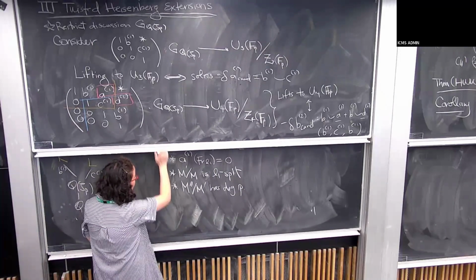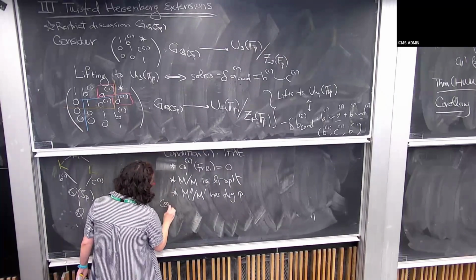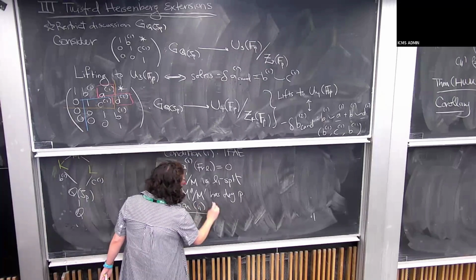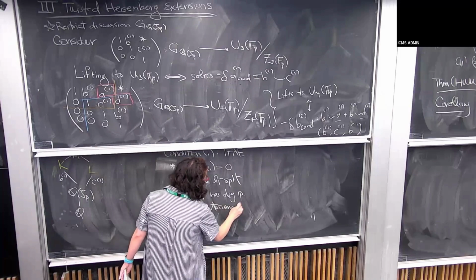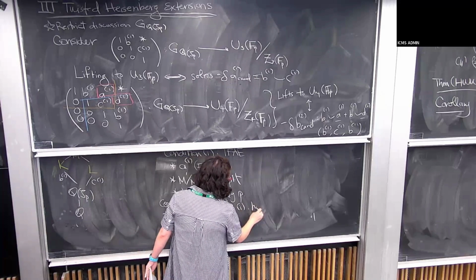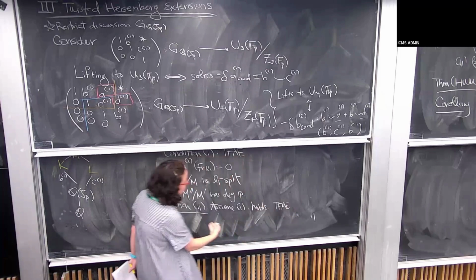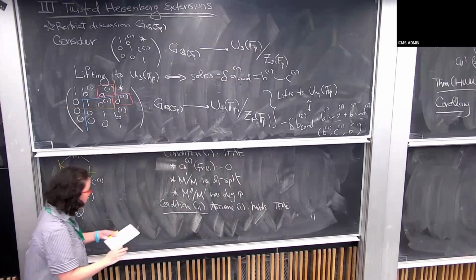And then for condition 2, now I'm going to assume one holds. Then the following are equivalent. And we can make statements if one doesn't hold, you just have to be a little more careful.